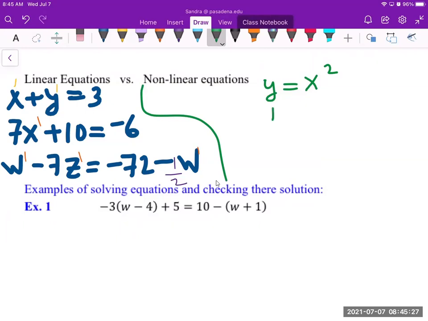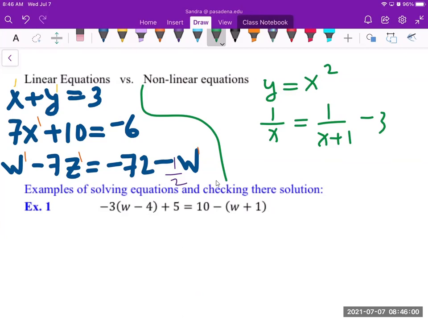Or if I give you 1 over x is equal to 1 over x plus 1 minus 3, it's no longer linear either because your variables are in the denominator, so it's not considered to be a linear equation anymore. In fact, that one's a rational expression, but it's a nonlinear equation.